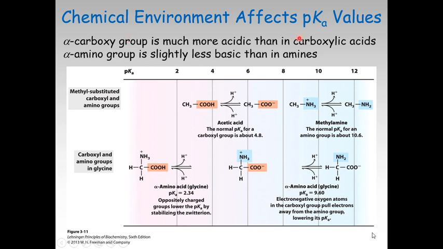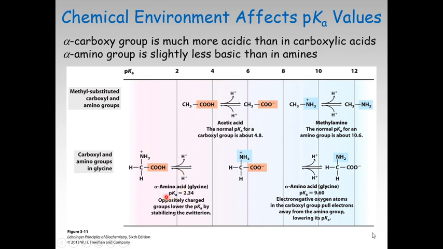Chemical environment affects pKa values. Alpha carboxyl groups are much more acidic than normal carboxylic acid groups. For example, the glycine carboxylate is at least 100 times more acidic than the carboxylate group of acetic acid. Why?